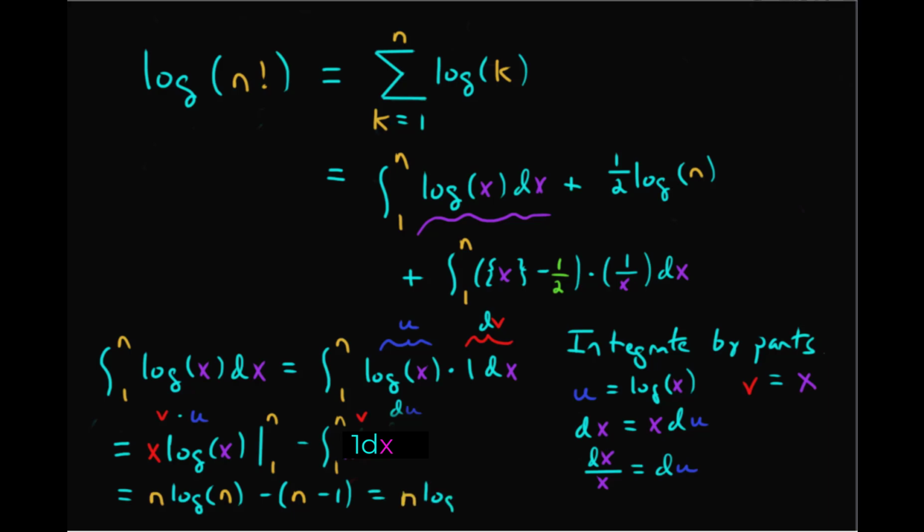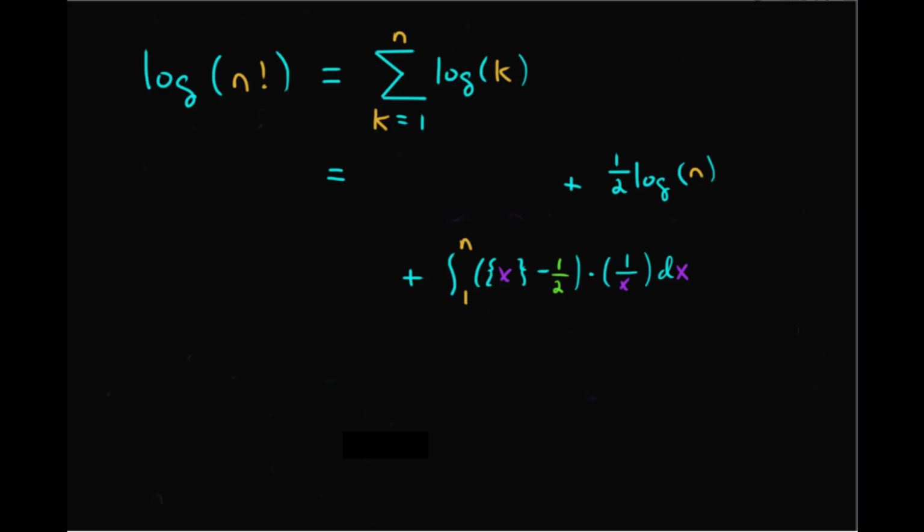But the log of 1 just equals 0, so that term cancels out. And we have that the integral equals n times the log of n minus n plus 1, applying the negative sign there. So we can plug that result into our formula, and in place of our integral from 1 to n of log of x dx, we have n times the log of n minus n plus 1.